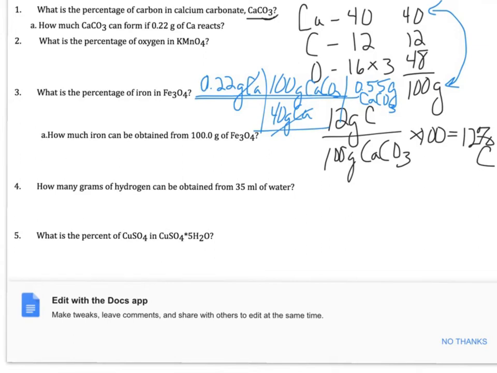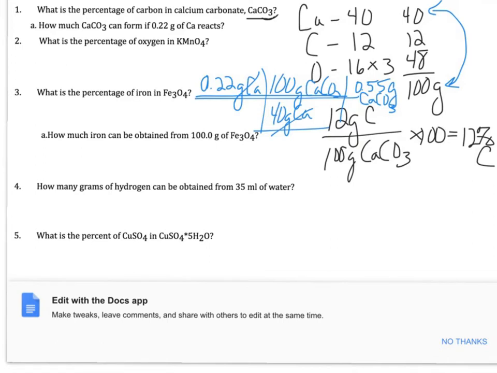And then oxygen is 16, and we multiply that by 4, and we end up with 64. So then we add these all together, and we end up with 158 as a total, 158 grams.